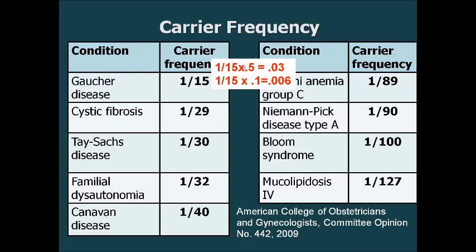Depending on the detection rate and the risk left over after that detection rate, that 1 minus detection rate variable in that equation, you can have widely variable residual risk, even for common conditions. In this case, the residual risk is 0.03, and can go as low as 0.006 in the case where the detection rate is very high. Let's say there's 90% detection.